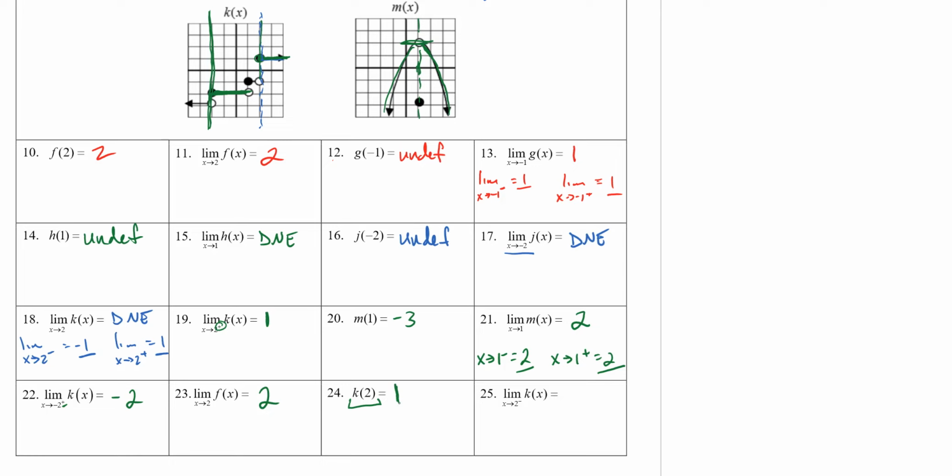Remember, those are y values, those are outputs. 25. What's the limit of k as x approaches 2 from the left? So once again, here's 2. As x approaches 2 from the left-hand side, we're following this line, which puts us at -1.